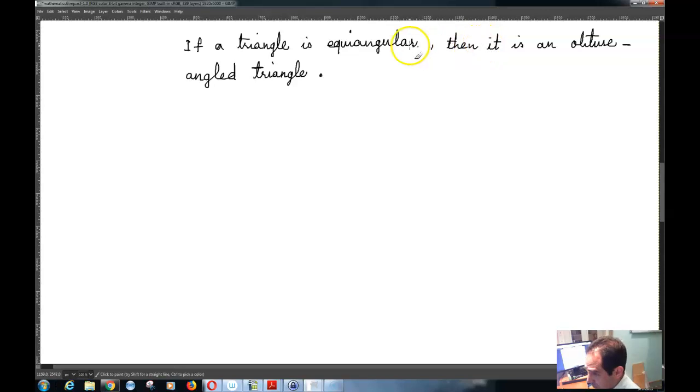Of course, the statement is not true, it is false. That cannot be, because then your triangle becomes a 60, 60, 60, and it becomes an acute angle triangle. All of the angles are 60 degrees. But that's not the point.